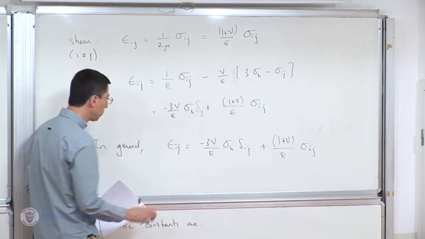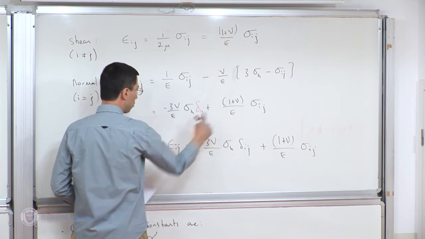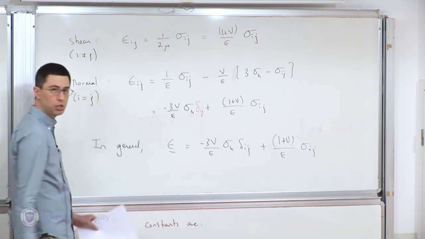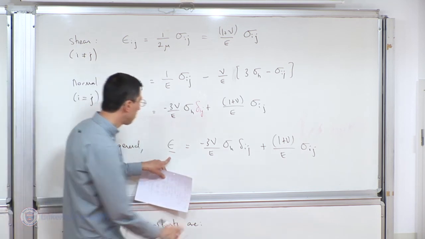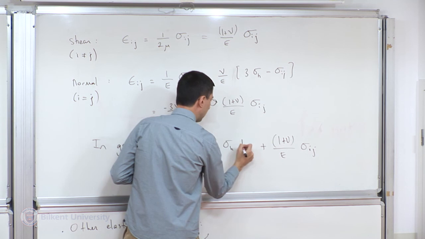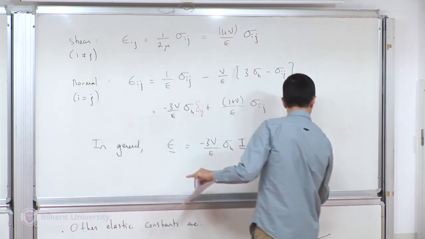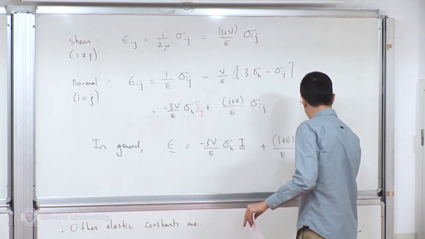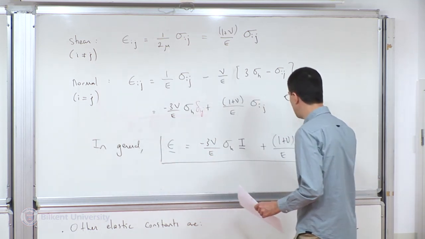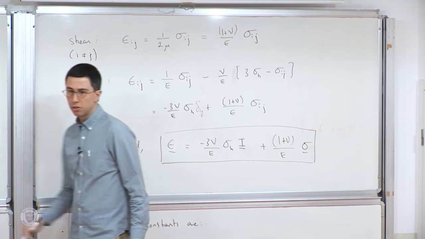In fact, why don't I do the following? Since this equation is already present there, why don't I now write this in a general notation? So that's the matrix. Instead of delta ij, I can write the identity matrix. And instead of sigma ij, I can write sigma. Okay? So this is our first general equation.